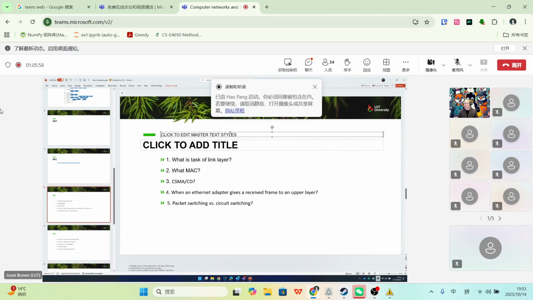So what is the task of the link layer? Usually the link layer dictates how we access the network.